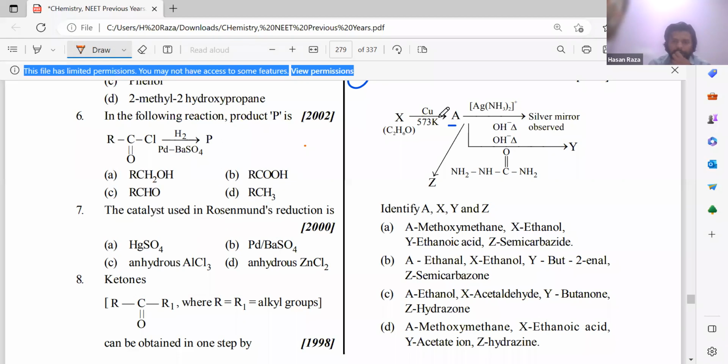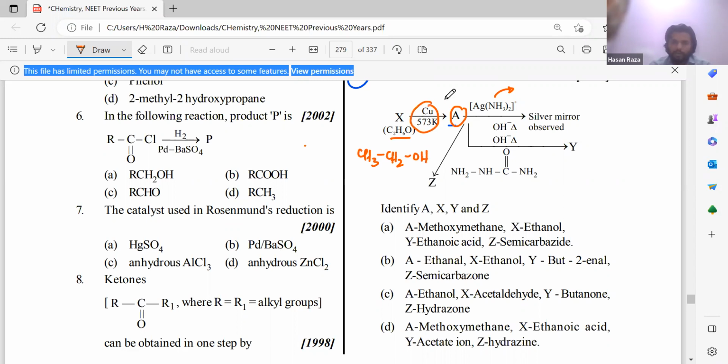First of all, C2H6O. You can see this is Tollens' reagent. Tollens' reagent basically gives a test for aldehyde, so this should be an aldehyde, and you can see copper at 573 K. That means this is your alcohol. This reaction we have studied in the previous classes.